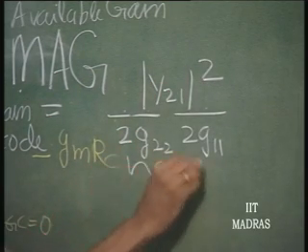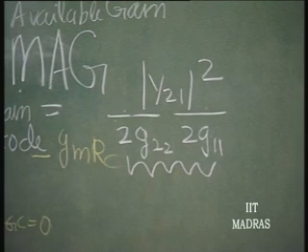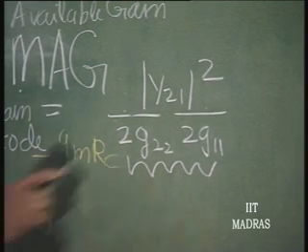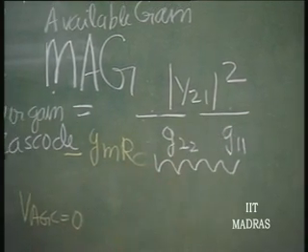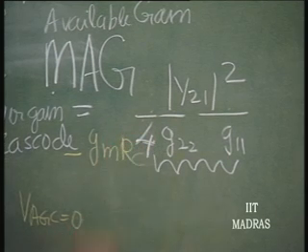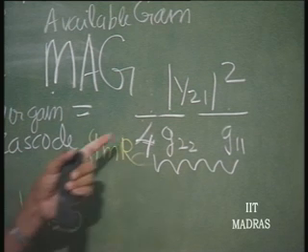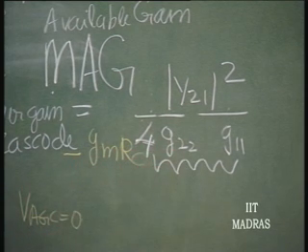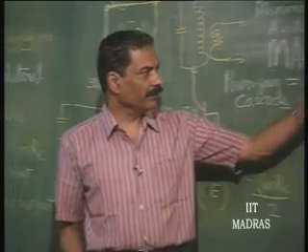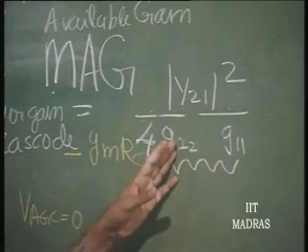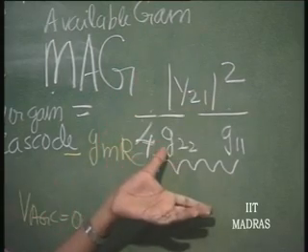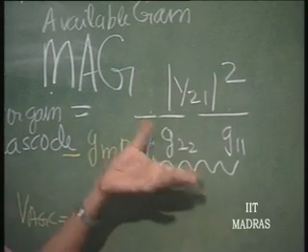This is what is called as MAG. It is nothing but 4 G11 G22, Y21 magnitude squared divided by 4 G22 G11 is what is defined as MAG. This is normally given by the manufacturer. Okay. If Y21 is known, G11 is known, G22 is known, you can compute this, and that is the maximum available gain.